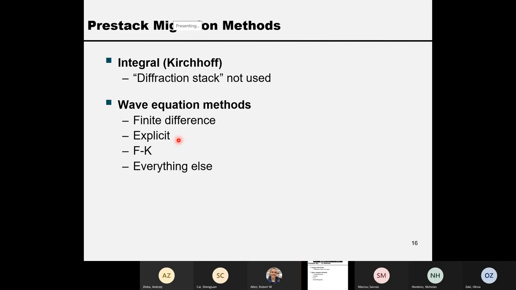A typical FK method is called the phase shift method. Phase shift method means you assume the velocity is constant in both directions, right?